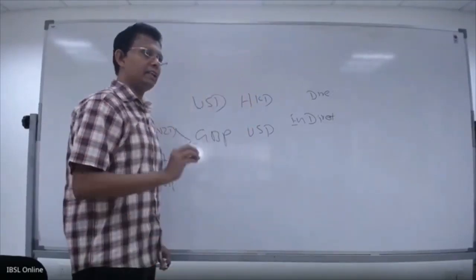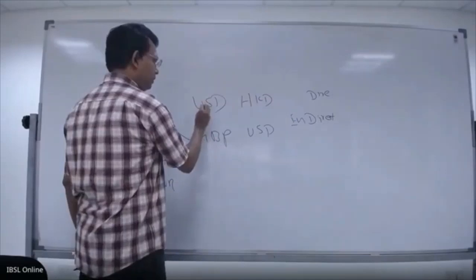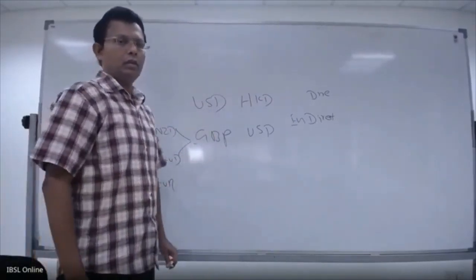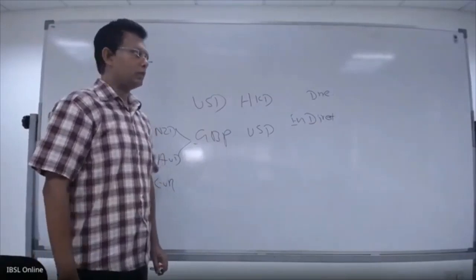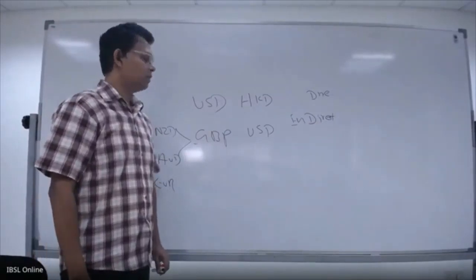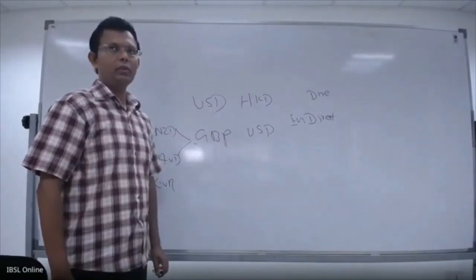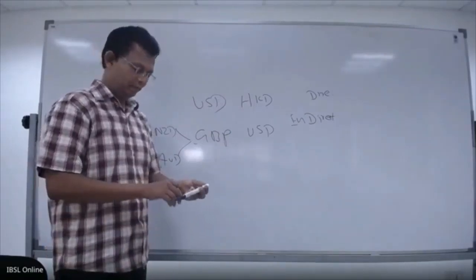When you have been given the direct and indirect, what do you do? Straight down and multiply. What does it mean?